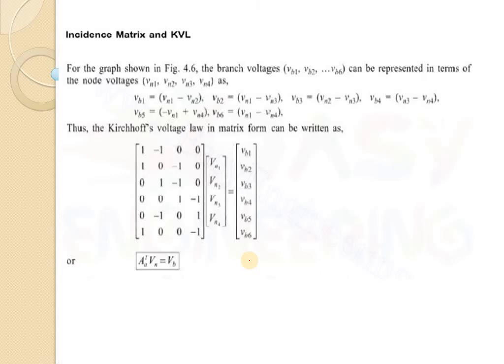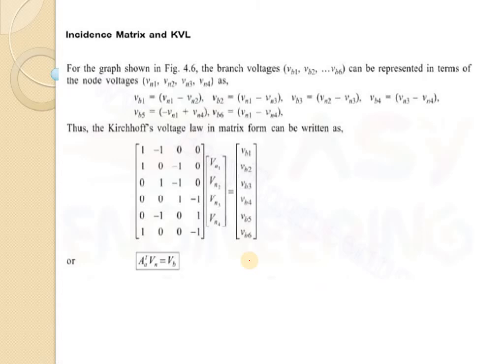That means 6 branches, so we have 6 voltages. These can be represented in terms of node voltages like VN1, VN2, VN3. There are 4 nodes, so the number of node voltages will also be 4. So it will be VN1, VN2, VN3, VN4.